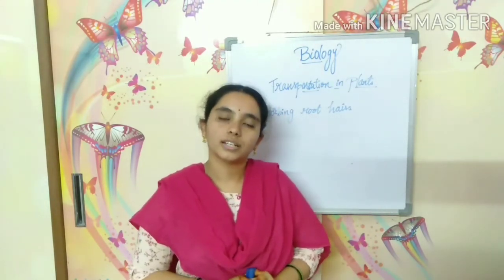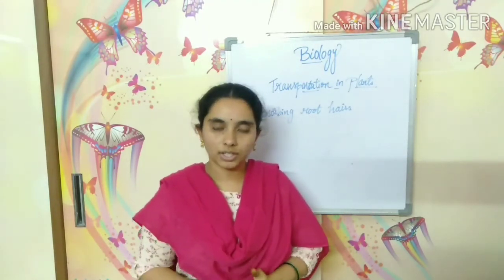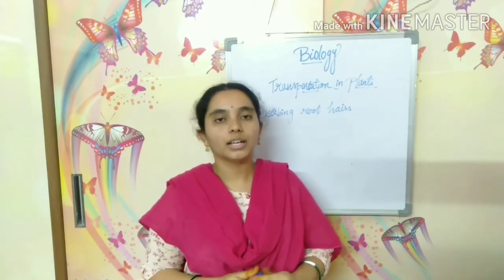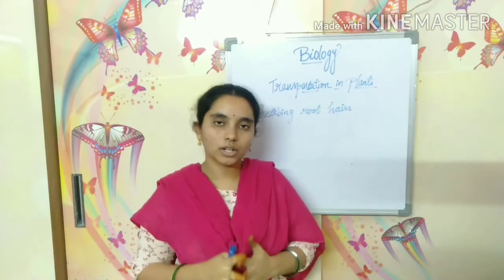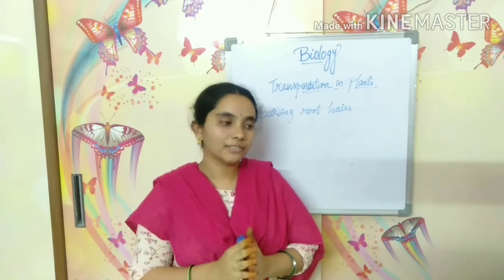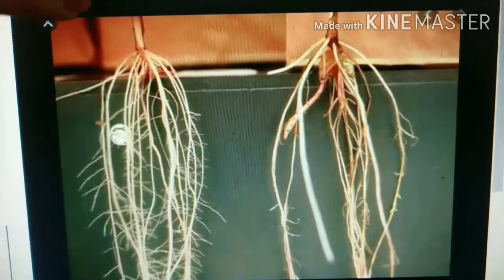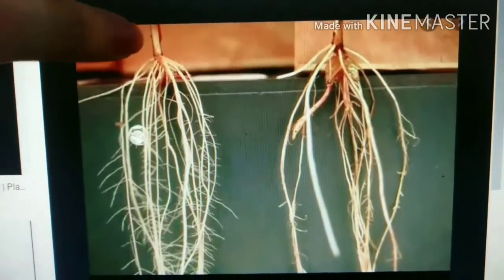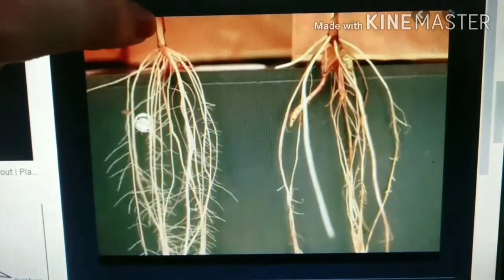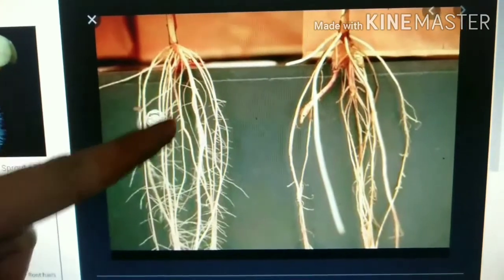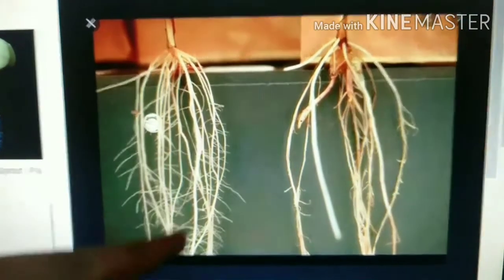Okay, so first, to learn transportation of water in plants, we have to study root hairs. So what are root hairs? I will show a picture, then you will understand clearly. Think this is the plant, this is the stem of the plant. Here are the roots, and there are many roots present here.